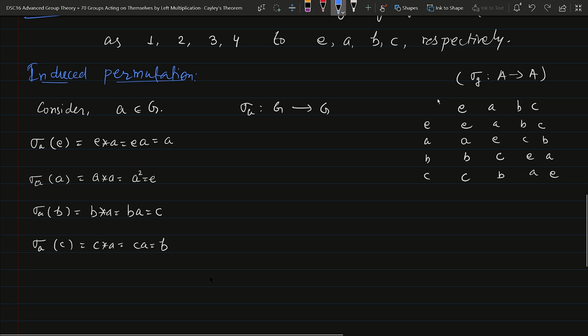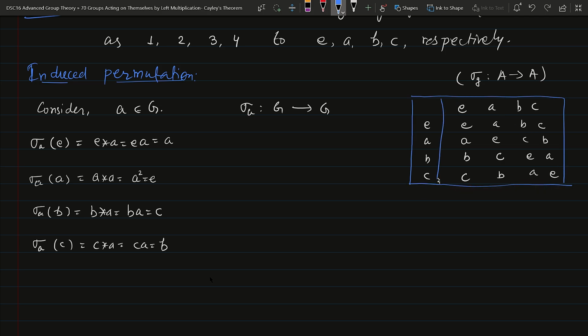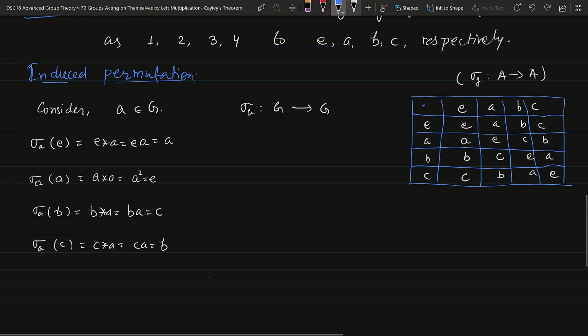So this is how you can identify the Klein four table. We have this table, so the operations we have just written are from this table. This is the dot multiplication operation.